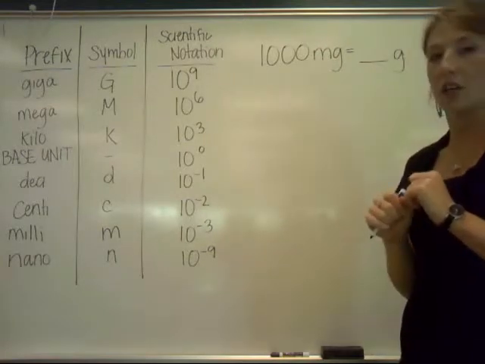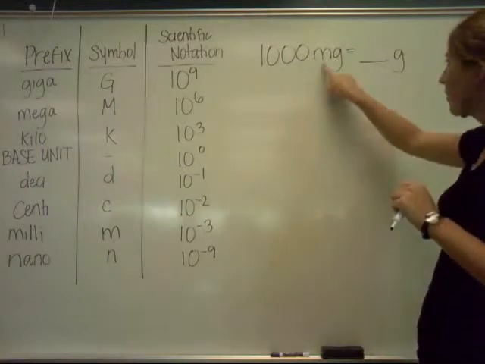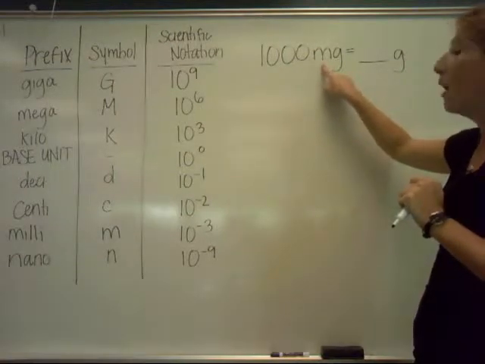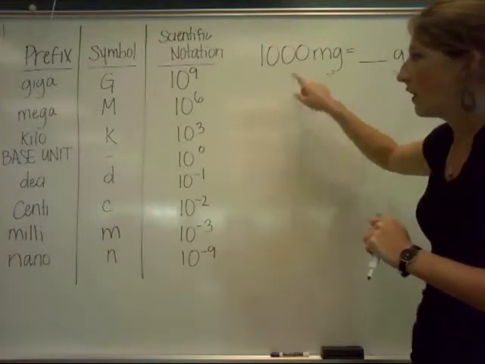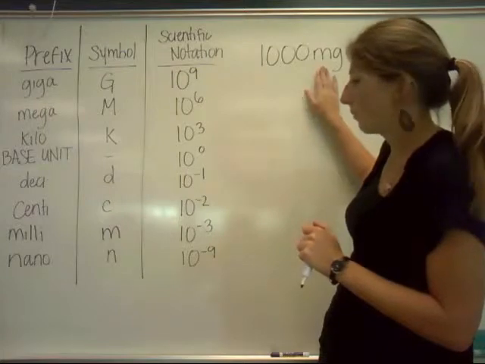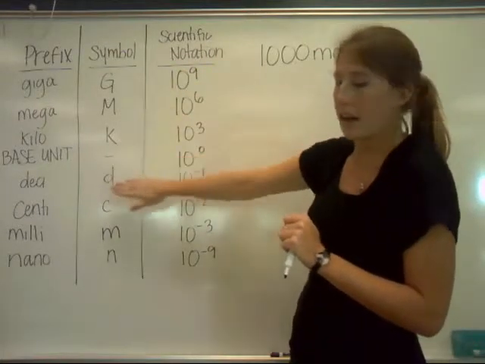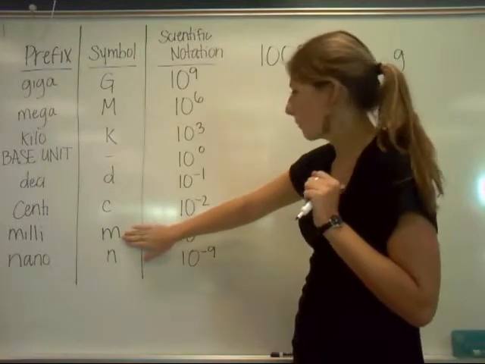Now, when you're doing metric conversions, all you have to do is look at your prefix, okay? My prefix there is an m. So I know that I have to look for a small m on my chart. If I follow this chart down, oh, there's an m. That's going to be my prefix.